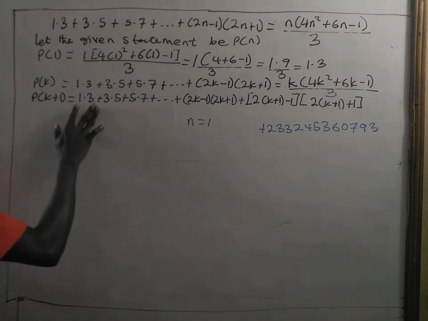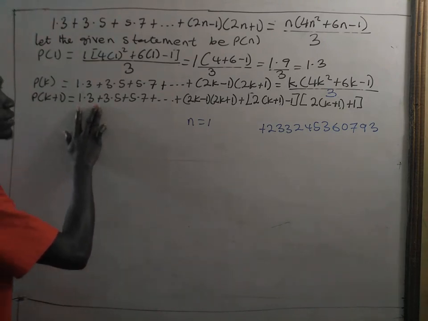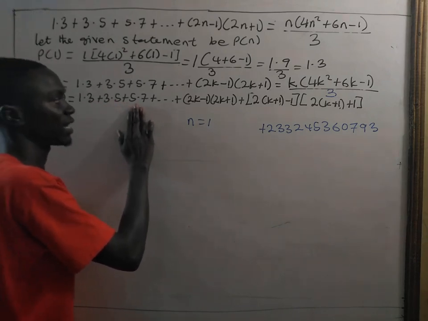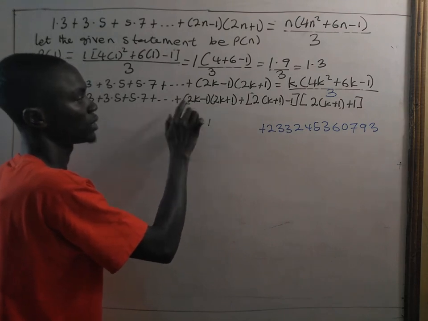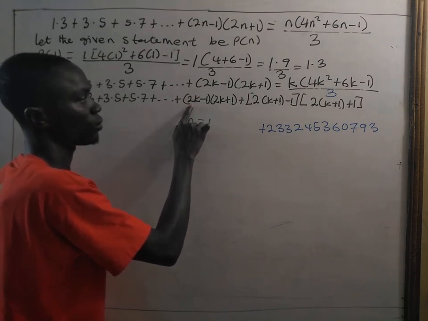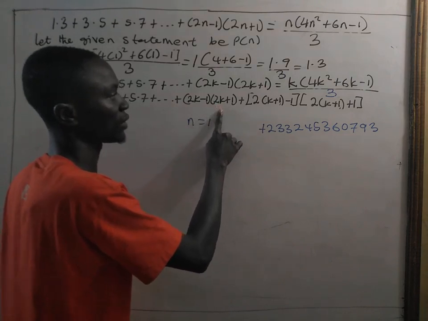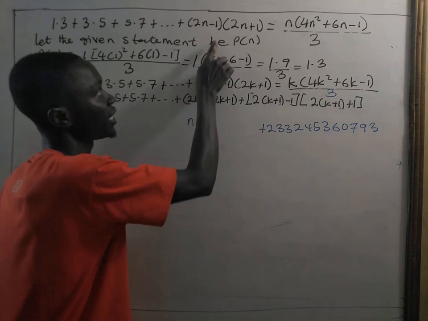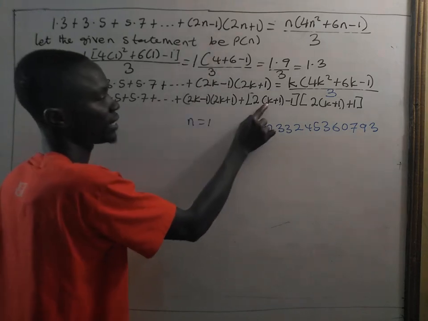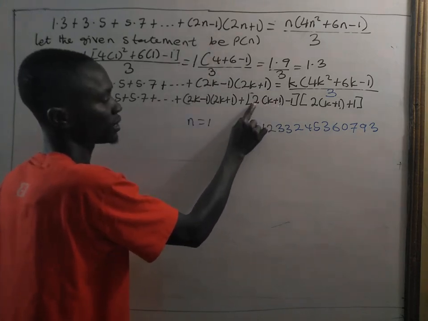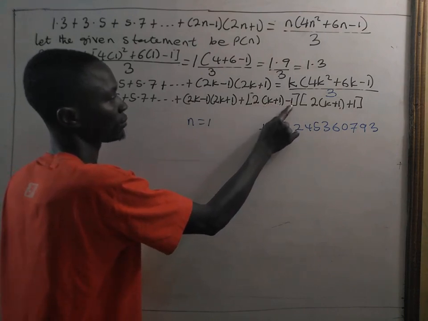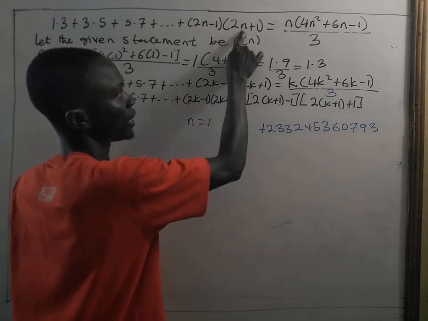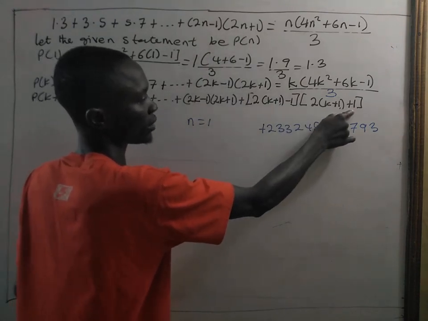So we sum from 1 times 3 plus 3 times 5 plus 5 times 7 up to (2k minus 1) times (2k plus 1) plus, so this is k plus 1. So here, whenever you see n, you put there k plus 1. So you have (2 times (k plus 1) minus 1) by replacing n by k plus 1, times (2 times (k plus 1) plus 1).